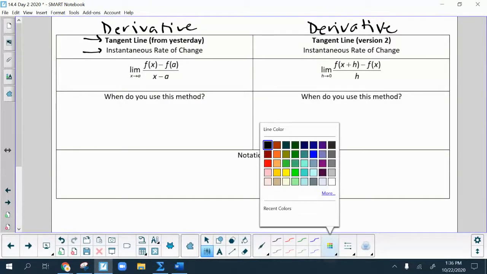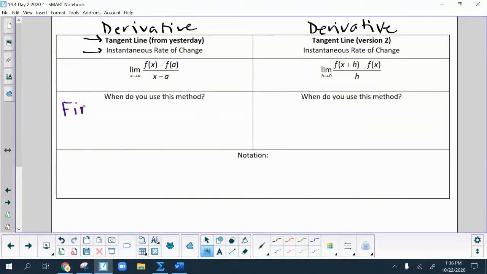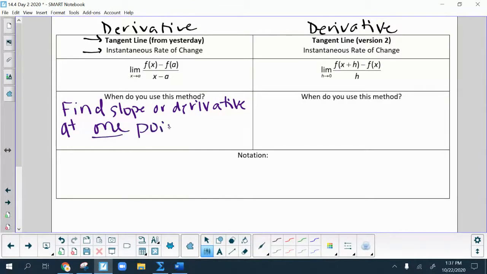Okay. We use the method on the left when you are trying to find the slope or find the derivative at 1 point. So maybe you're given like find the derivative at x equals 2, find the derivative at negative a half.